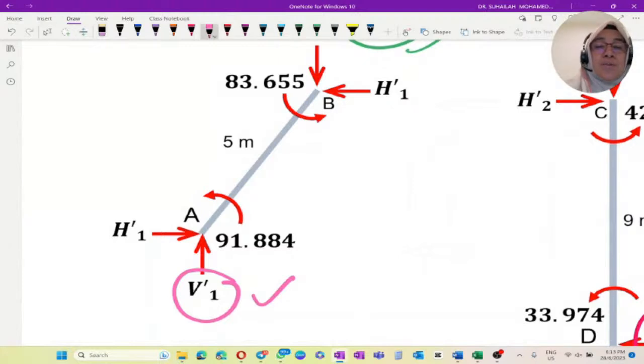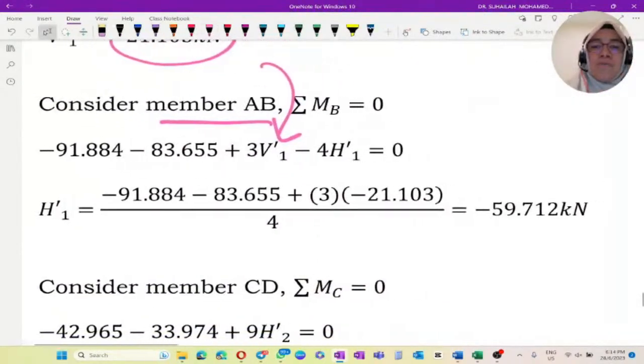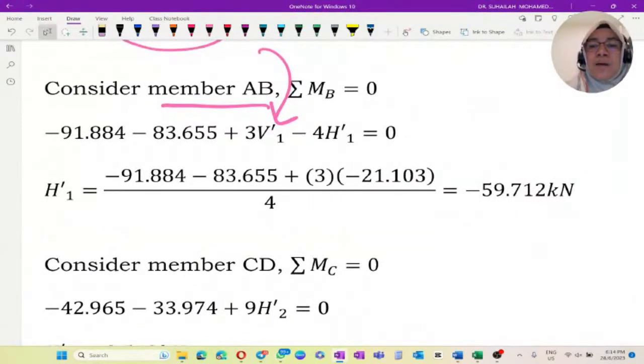Due to this, we can calculate H1 by taking moment at B. So we apply the equilibrium equation here, and then we can calculate H1 prime. From static equilibrium, H1 prime is equal to 51.712.